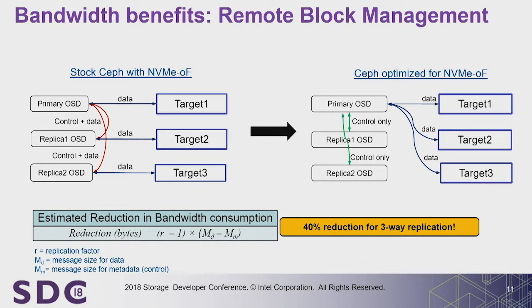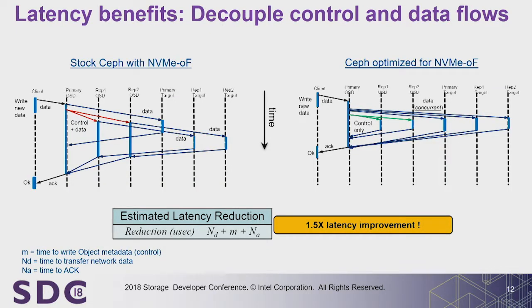Yeah, so that's about the bandwidth benefits. How about the latency benefits? What I'm showing here is a sequence chart. And again, let's go from left to right. Each column there is showing what happens at each of the entities involved, right? The client, the primary OSD, and its related primary target.